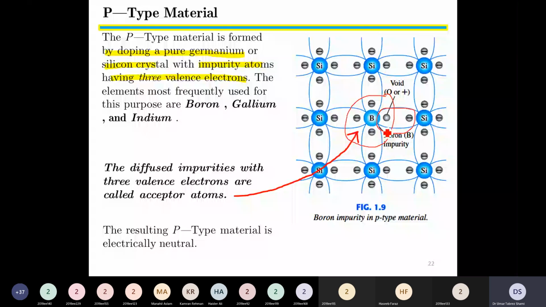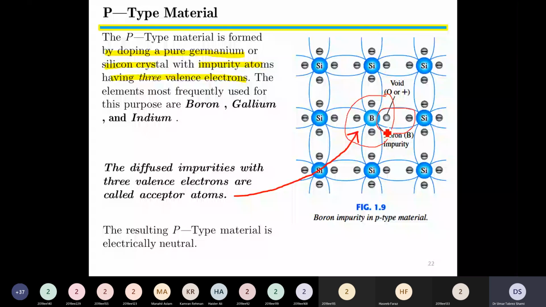So at this moment, without the additional electron and without the completion of the covalent bond, it is neutral, and when one electron resides in the available space, it will become a negative ion. Hence, this system is called the acceptor atom because it is ready to accept one electron.